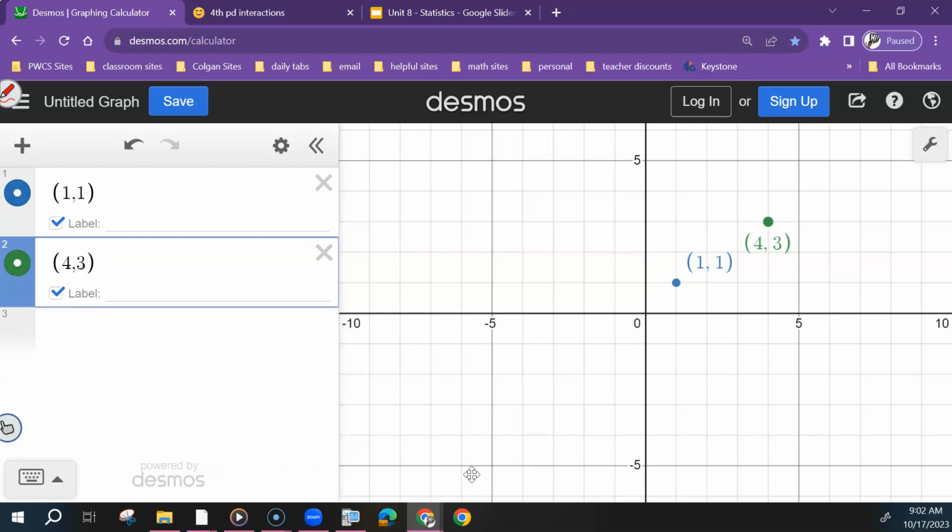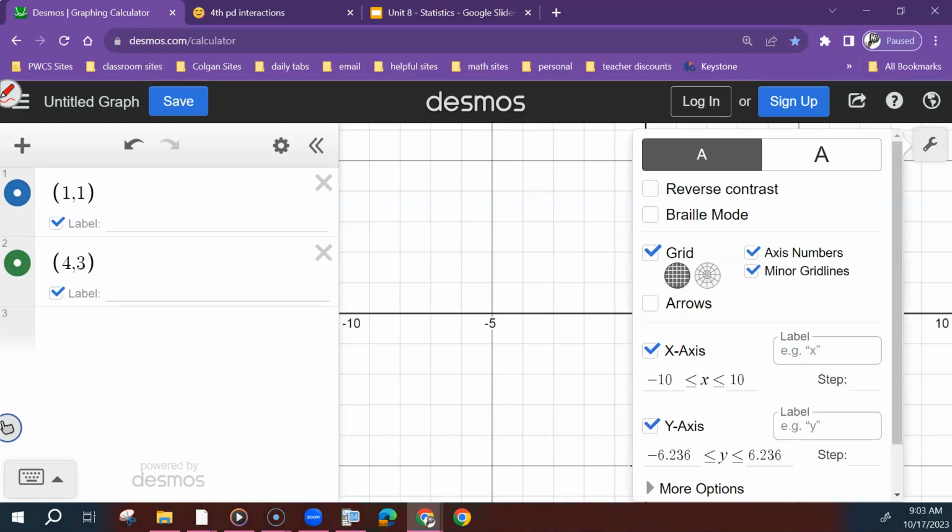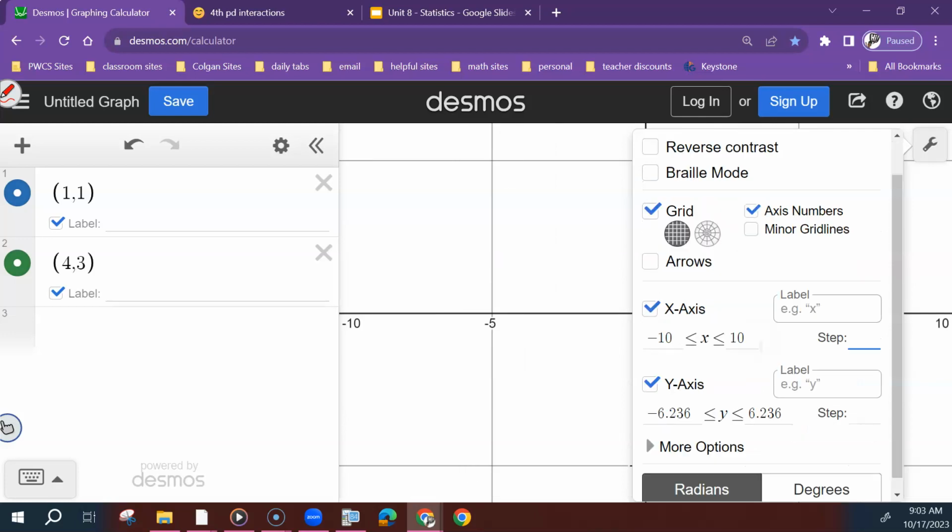If it's easy to count, remember that you can be trying this on your Desmos on the iPad as well. If it's easy to count from where it is, you don't need to change anything. But if you would like to, if it makes it easier, you could go into your settings. So if you're on Desmos, you're going to do this. Go into the settings, take off the minor grid lines, and change the step to 1 for both of these.